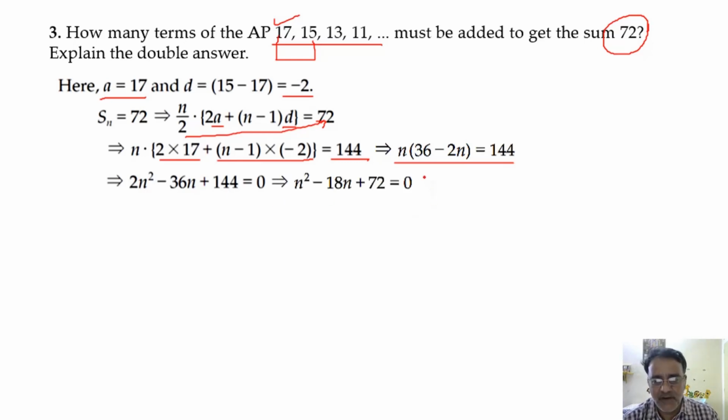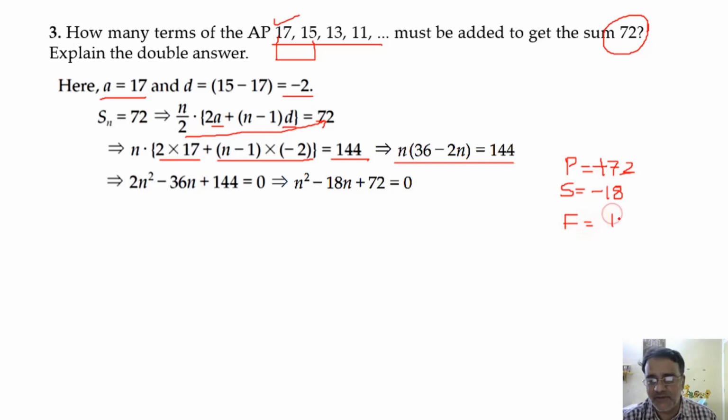Now what is the product here, since we are solving a quadratic equation? Plus 72. And what is the sum? Minus 18. The product is plus 72, so we need two factors of 72 whose total is 18. 12 and 6.